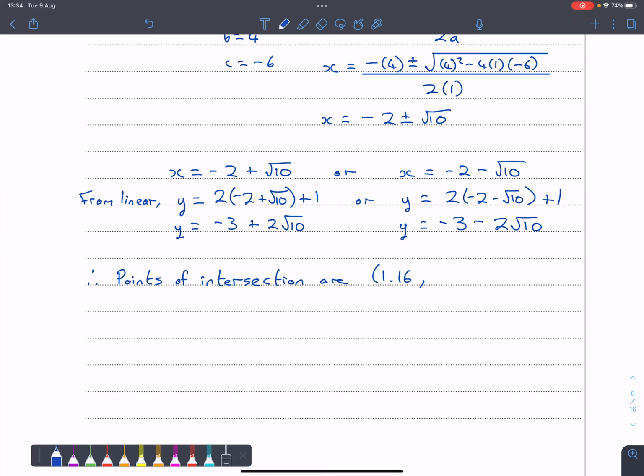And the matching value of y, negative 3 plus 2 root 10, is 3.32. And the second one, negative 2 minus root 10, is negative 5.16, and negative 3 minus 2 root 10 is negative 9.32. Okay, and those are our points of intersection to 2 decimal places.